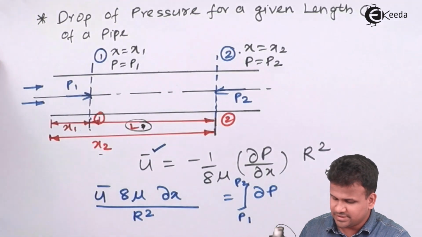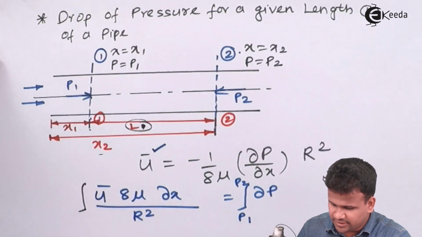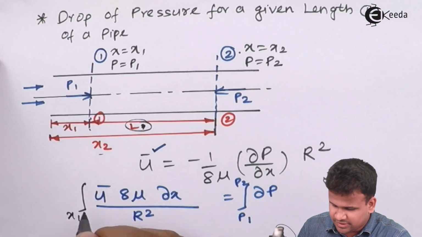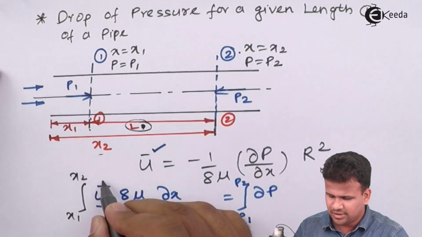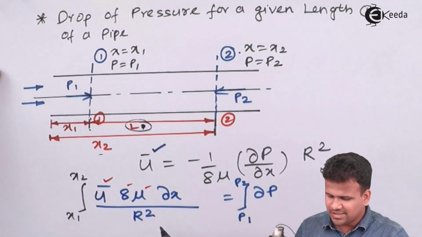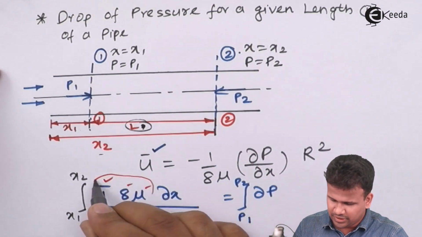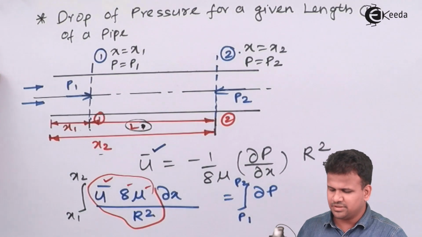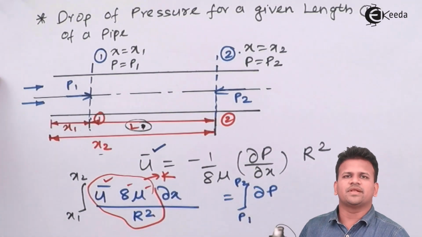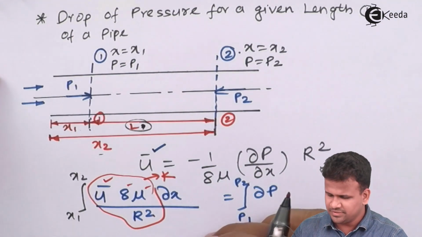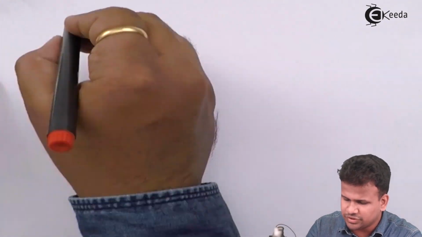So now let us evaluate this, and we can integrate the left hand side from x1 to x2. In this entire part, the average velocity, mu, 8, as well as r square are going to remain constant. So we will keep this term as constant and take it as k. We will substitute later when we need the value of k. Let me write down the equation again.